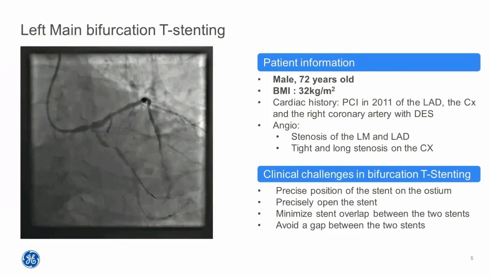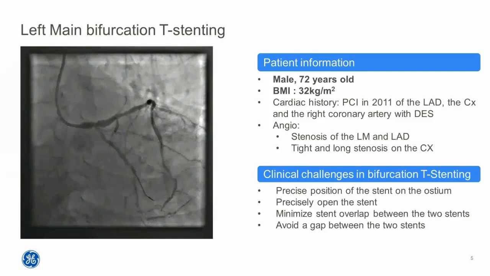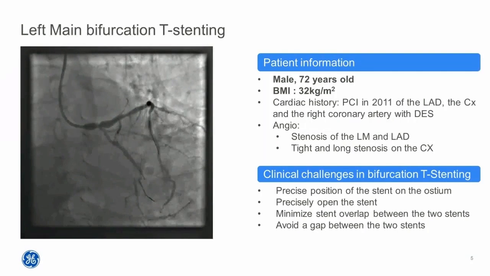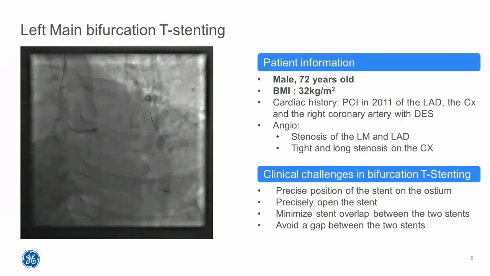For the strategy, that's very important because when we have more than 5 millimeters, usually we use T or TAP stenting with two stents in the bifurcation.